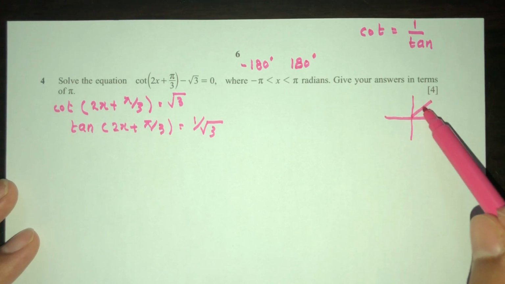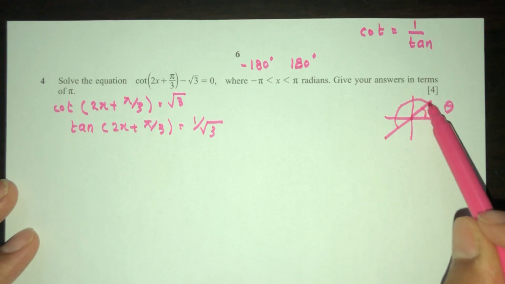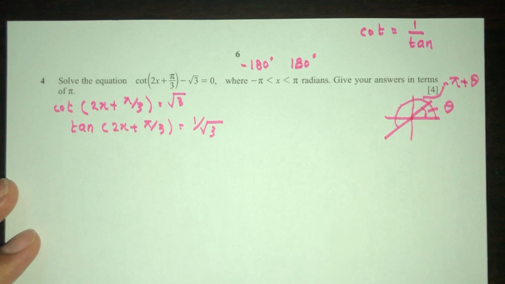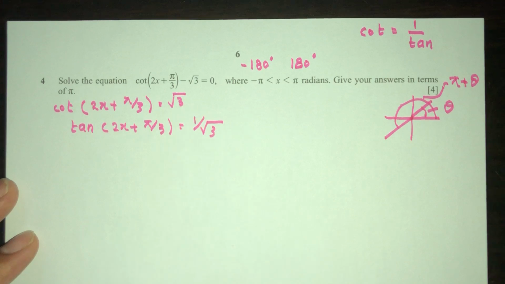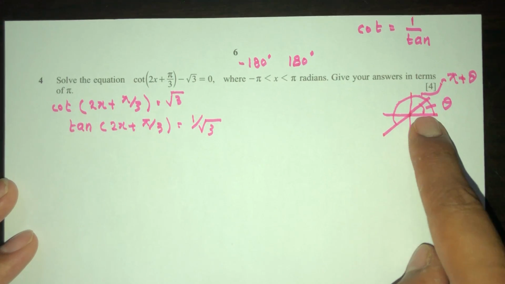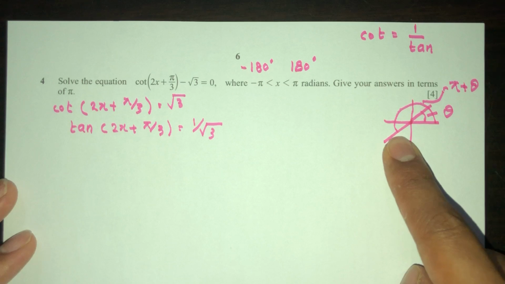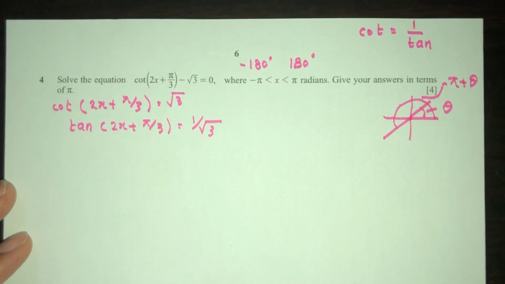It will be this value right here, let's call this theta, but also this value right here, which is pi plus theta. Right? So these will be the two values. Usually when you solve this kind of equation, when tan is equal to a positive value, 1 over root 3, we will take the value in the first quadrant, but also the value in the third quadrant when tan is positive. That's the thought we have to have behind this question.